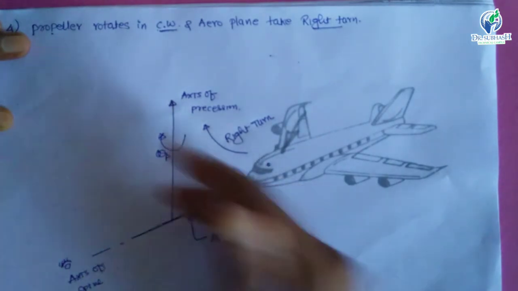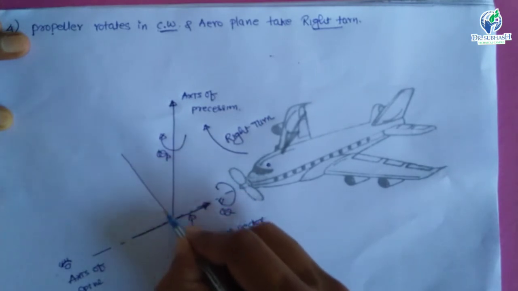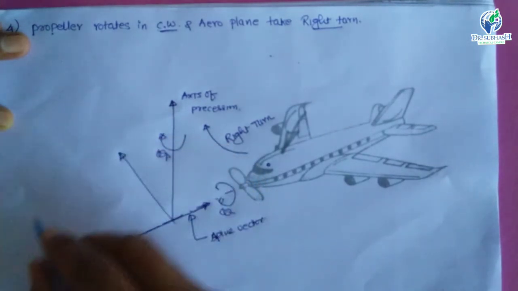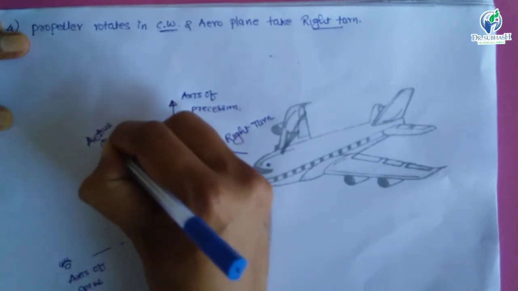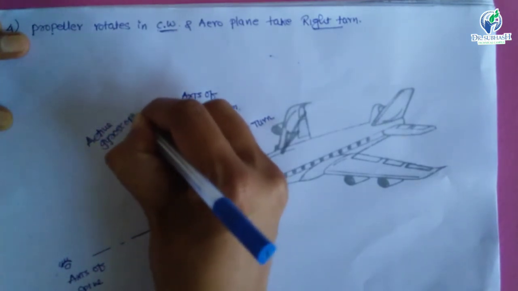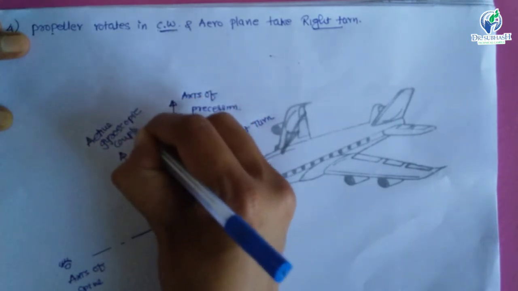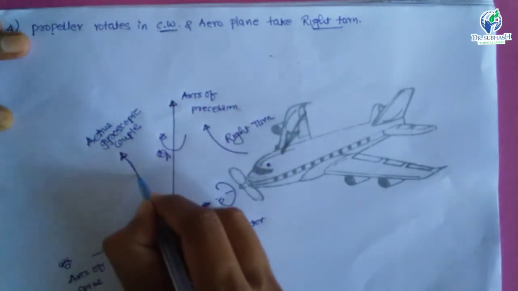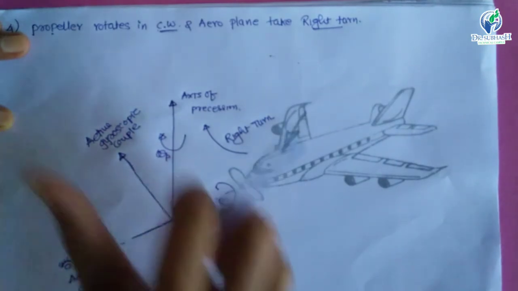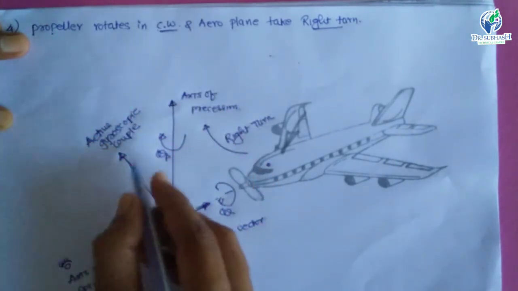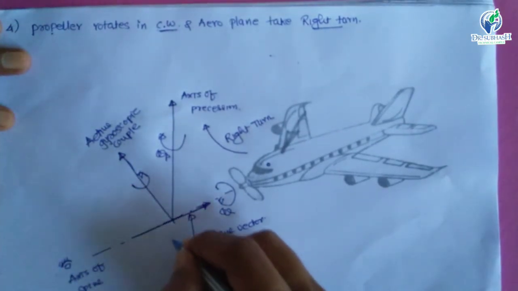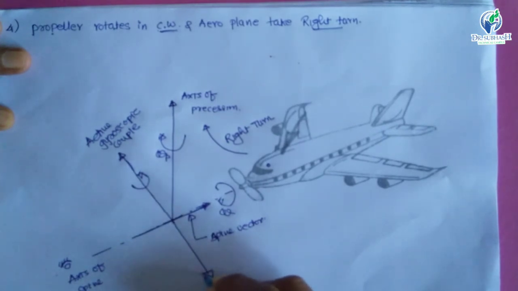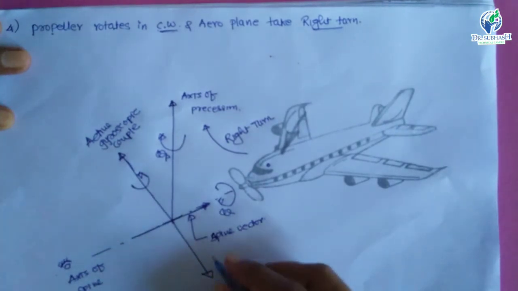Now our aeroplane is taking right turn, so in this direction this is the vector that represents the active gyroscopic couple. And again, if we apply right hand screw rule here, then this is the sense of rotation. And in opposite direction to the active gyroscopic couple, some reactive gyroscopic couple is also acting according to Newton's law.